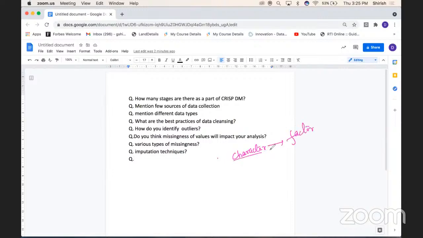The process you are following here to do a conversion from a character to a factor data is called typecasting. Normally you all know that it is male and female.